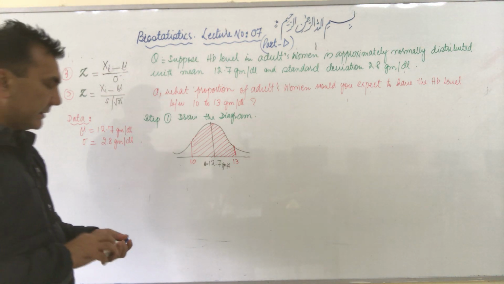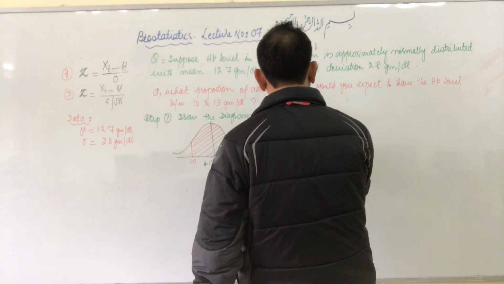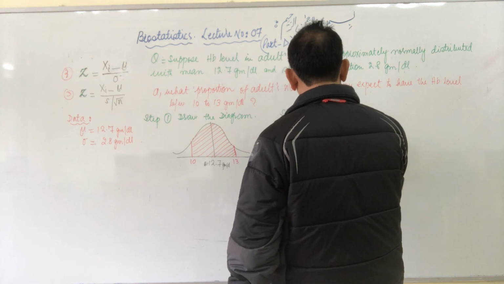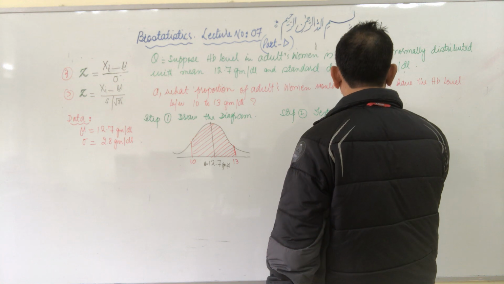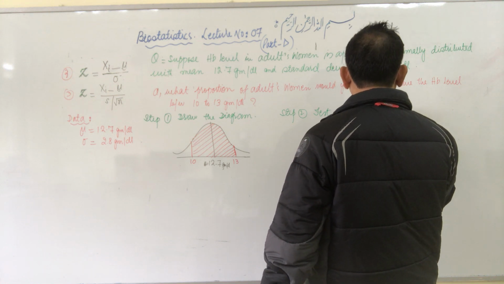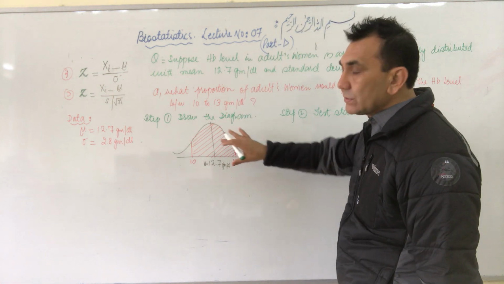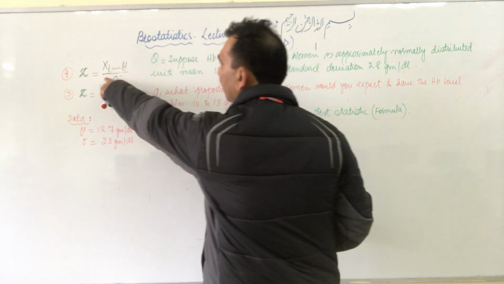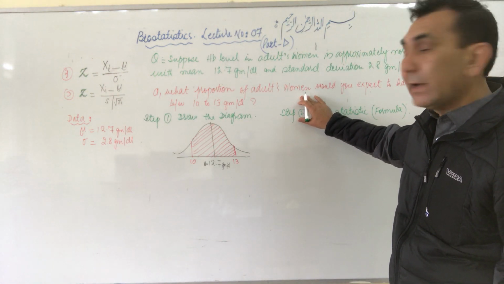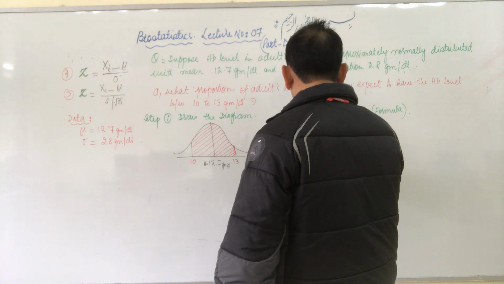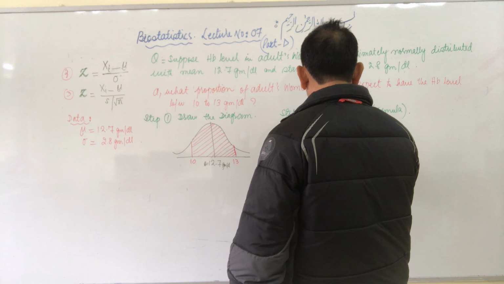Now in step number 2, the test statistics, we use the formula. To solve this question we use the first formula because no sample size has been given. So z1 is x1 minus mu divided by sigma.